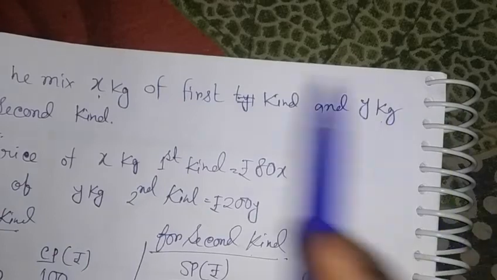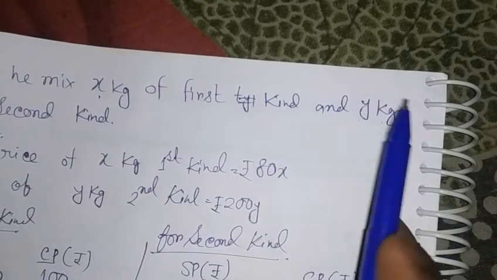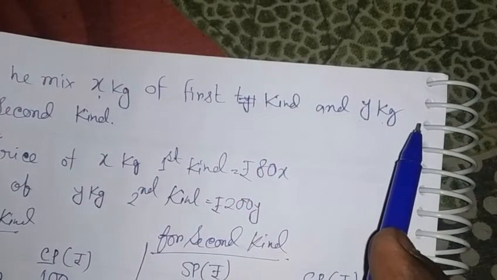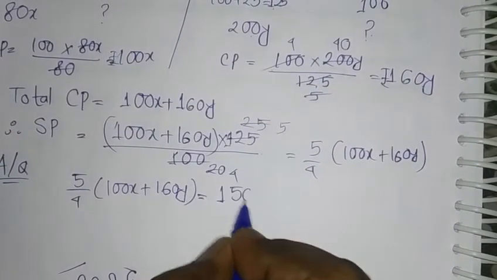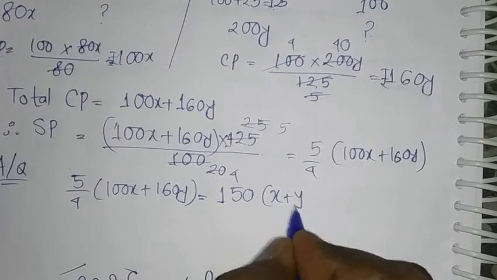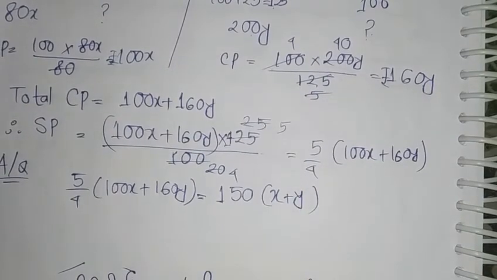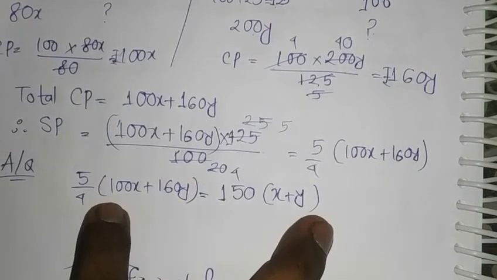So the total was x plus y kg. Now if we sell it at 150 per kg, it will be 150 into x plus y. Understood? Now solve this line yourself.